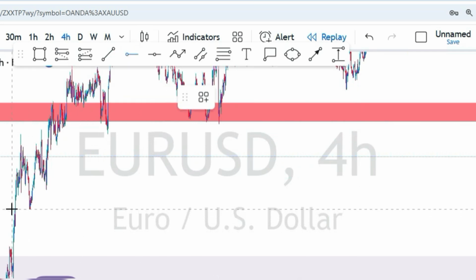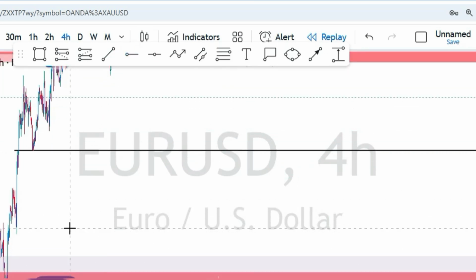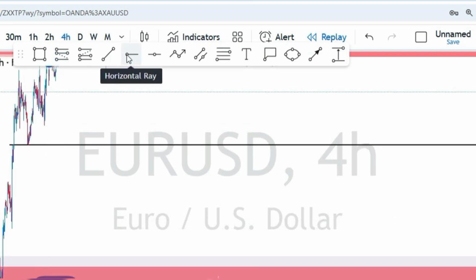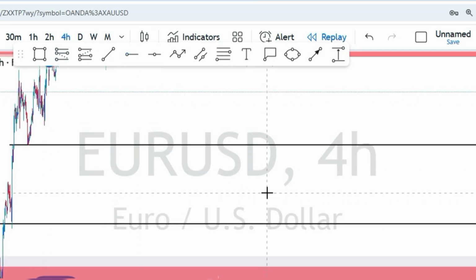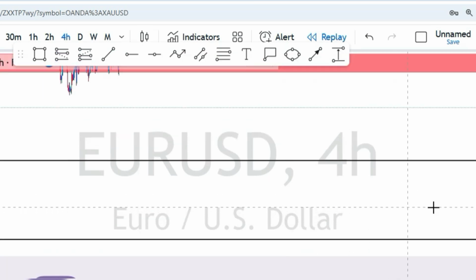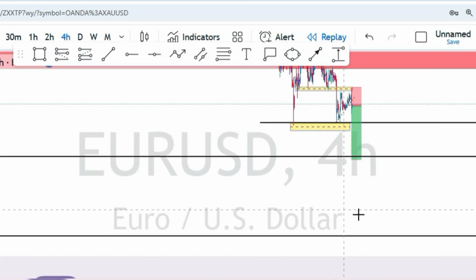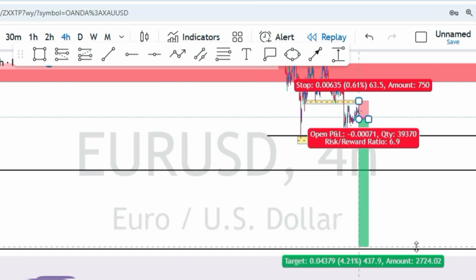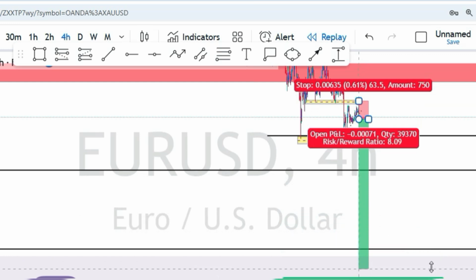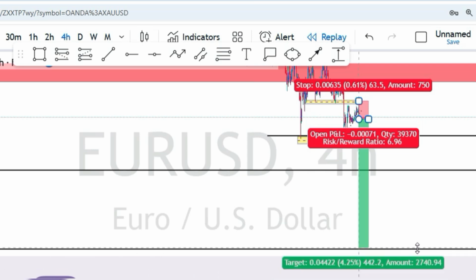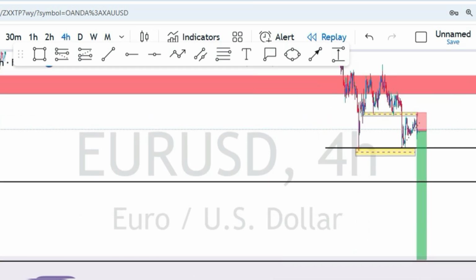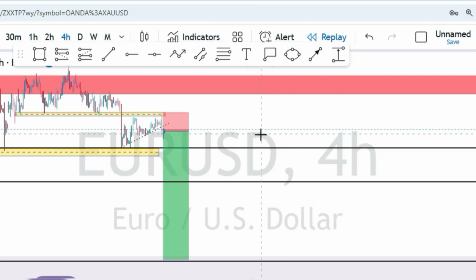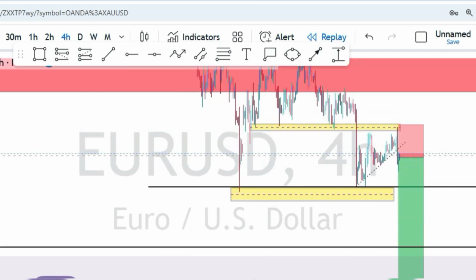We have our third take profit here before the final take profit, which is at the monthly. So this is my TP3 before we'll be looking for TP4, which is going to give us about 600 pips.